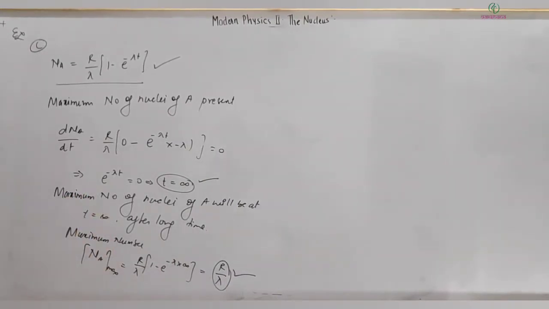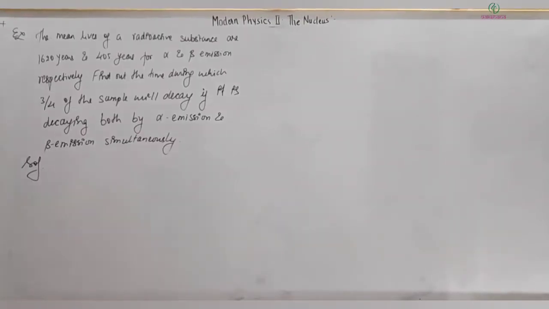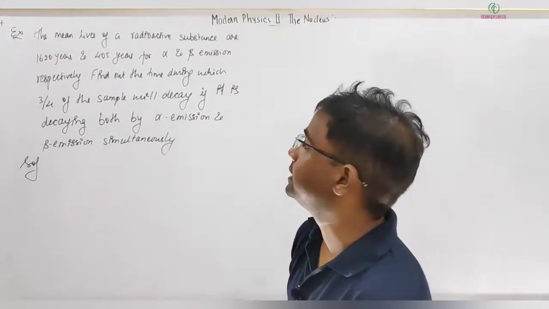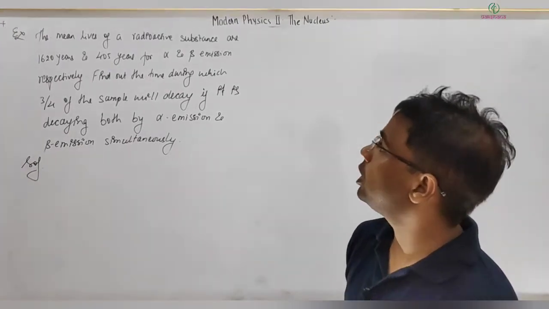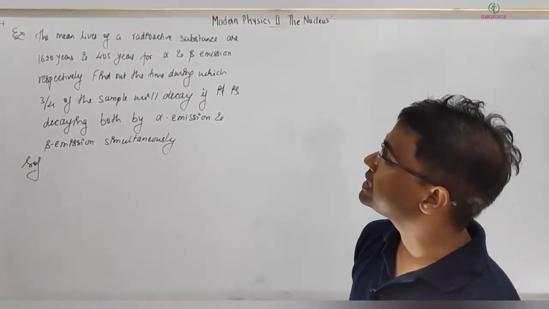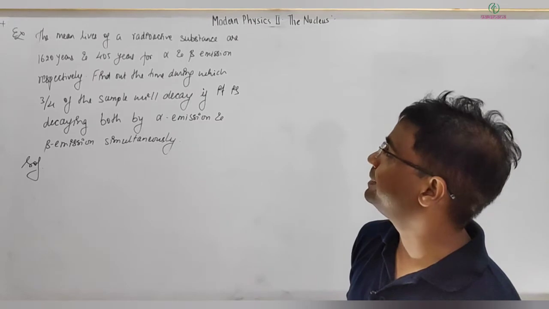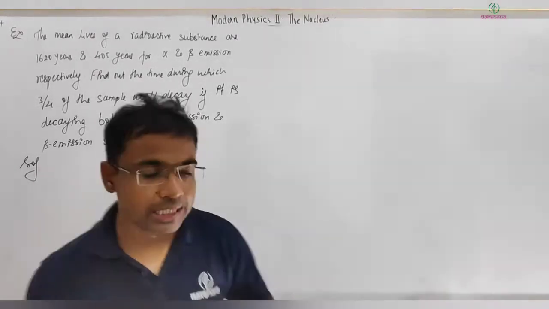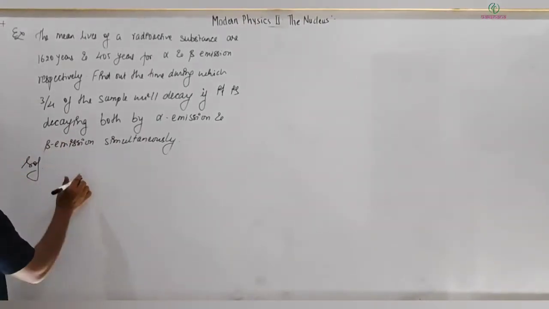Okay, let's see the next application, next problem. Let me read the problem first. The mean lives of a radioactive substance are 1620 years and 405 years for alpha and beta emission respectively. Mean life means average life.